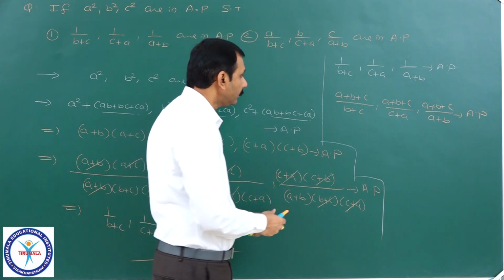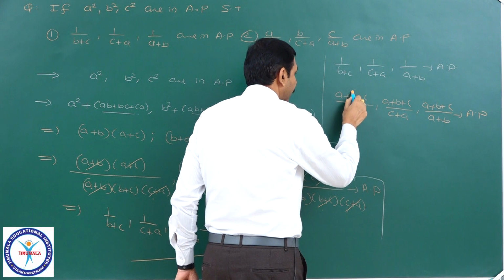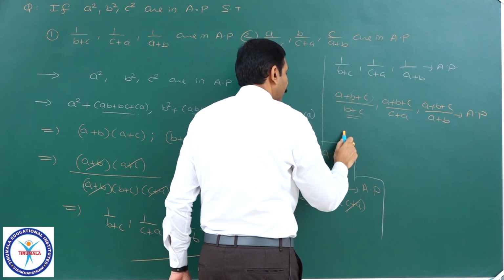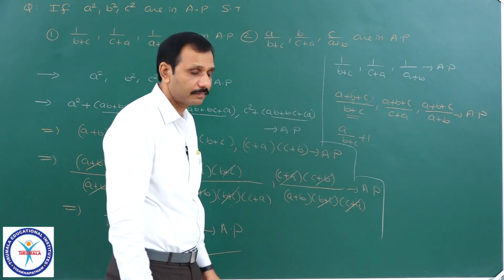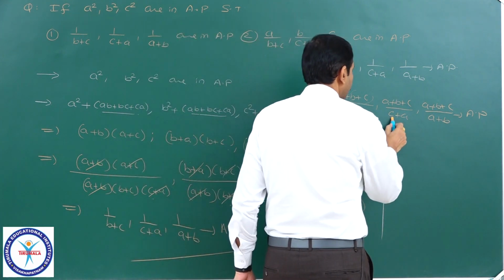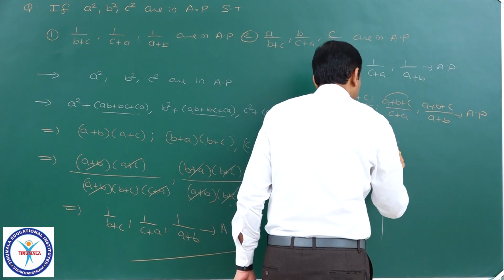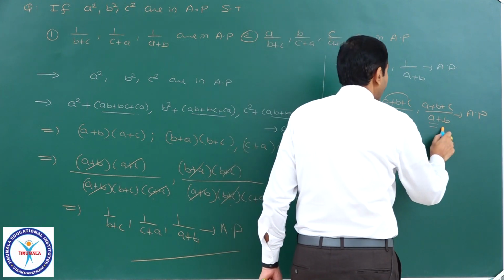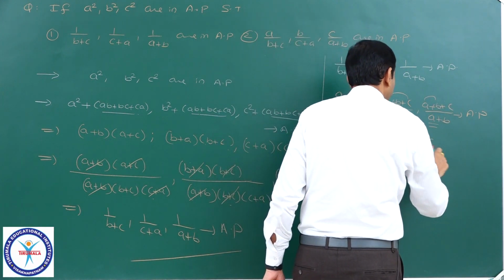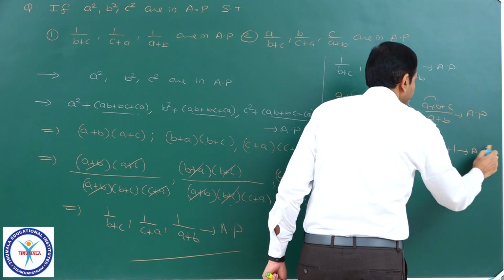Now, here B plus C, here also B plus C, I will separate this as one term and it as one term, A by B plus C plus 1, comma, here C plus A, here A plus C I will take. Now, B by C plus A plus 1. Now, here A plus B, here A plus B one term, C other term, C by A plus B plus 1, they are in AP only.